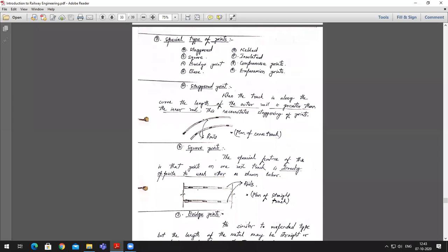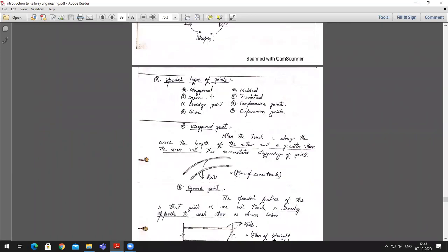When you look at the railway track from the top, this is how the image would look, so we are looking at it as a plan. When we look at such joint sections as a plan, you have almost 8 different types of special joints. Let's begin with the first one, that is the staggered joint.